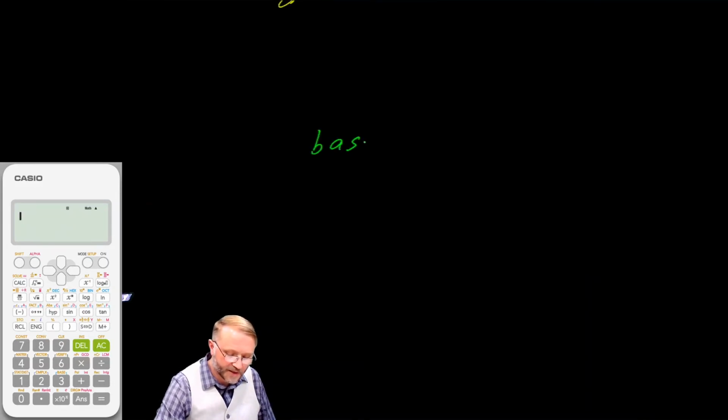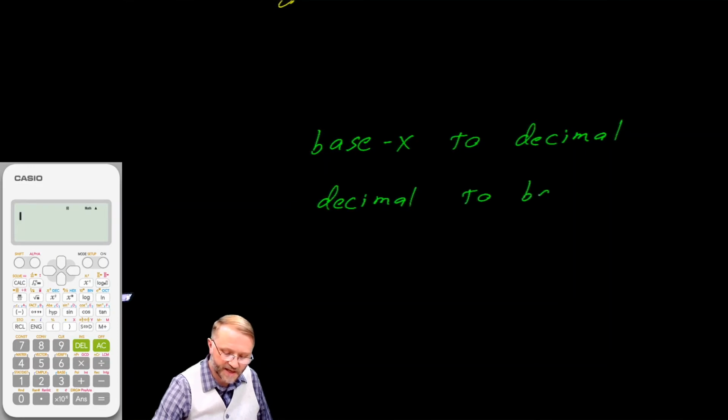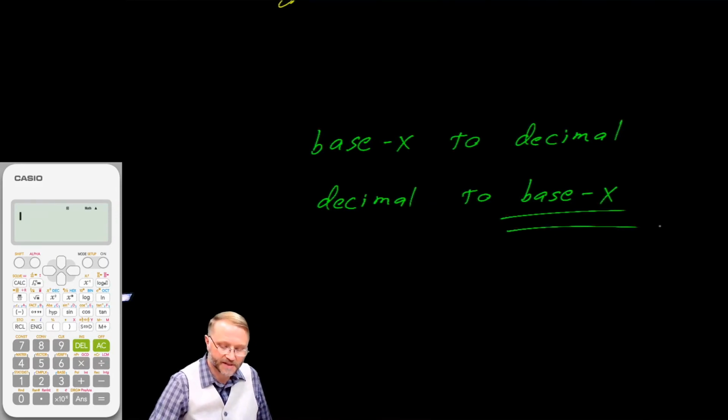Well, very good. So far, we've seen how to go from an arbitrary base, so base x, to decimal. And we've seen how to go from decimal to some arbitrary base x. In the computer world, this base x usually takes on a few forms.